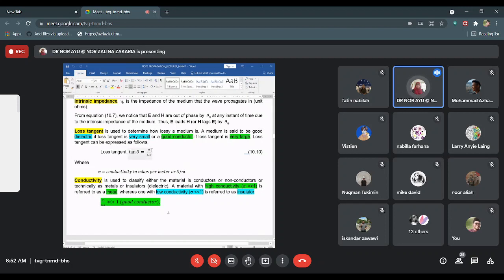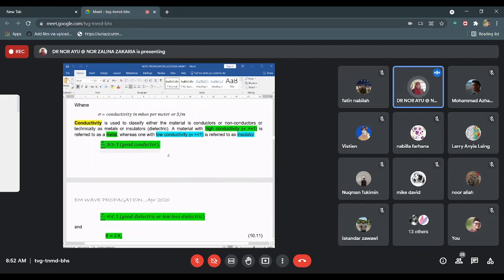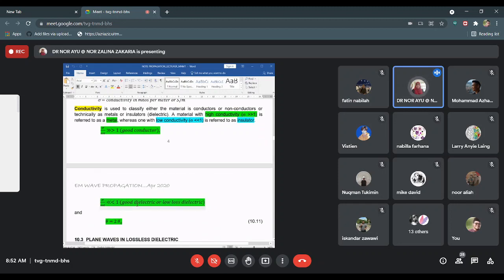When the loss tangent is less than 1, it means low conductivity, so it will be a lossy dielectric. So when it's larger than 1, it is a good conductor; when it's less than 1, it is a low loss or lossy dielectric. Then we have theta equals 2 theta n, or 2 times the intrinsic impedance angle.